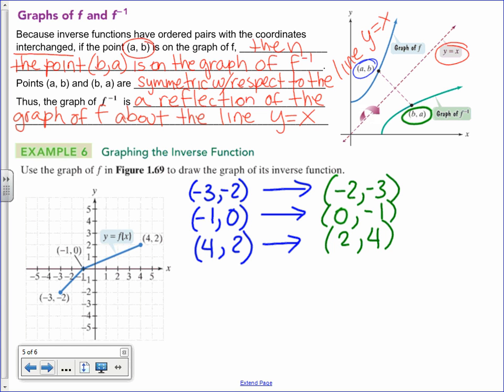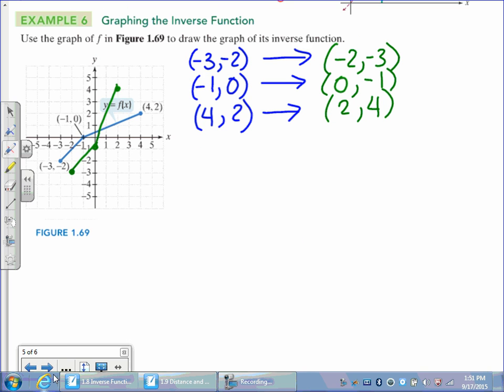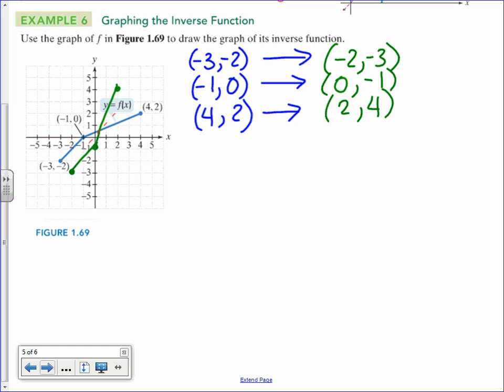Okay, so graph it, try to use a different color, please. It should look something like that, and just for fun, let's go ahead and trace that y equals x line.